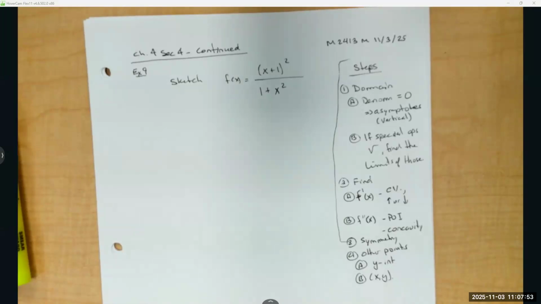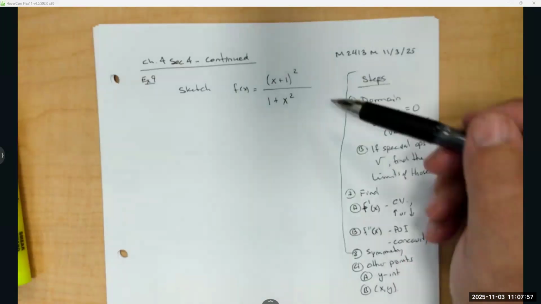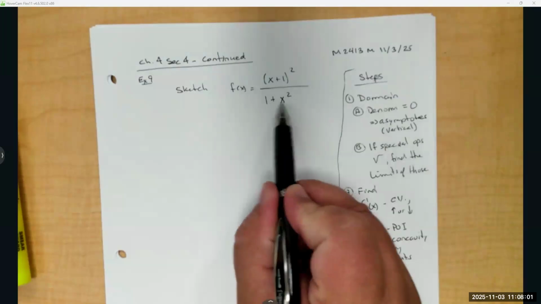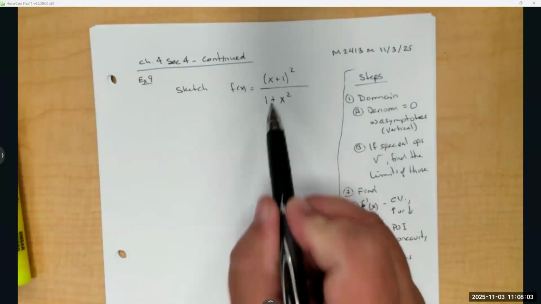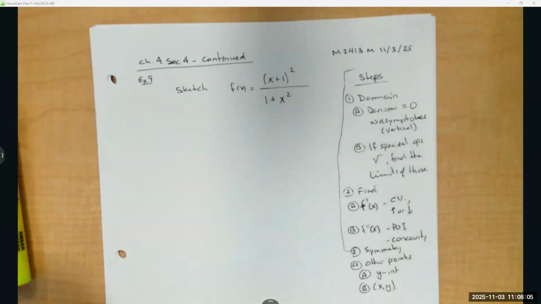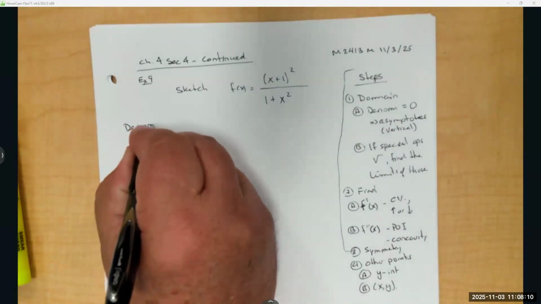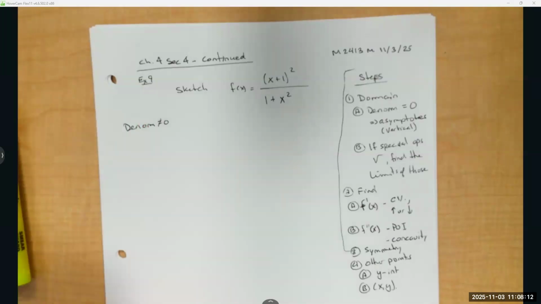So what do we know about this equation? What's the domain of this equation? Well, looking at the denominator, can the denominator ever equal 0? No, because it's a positive function.